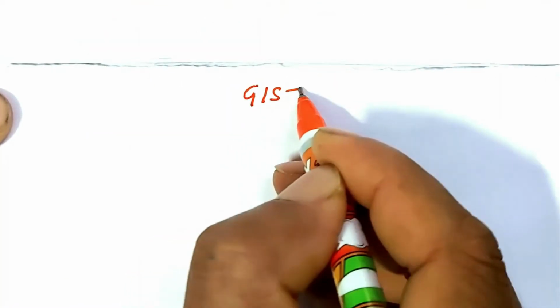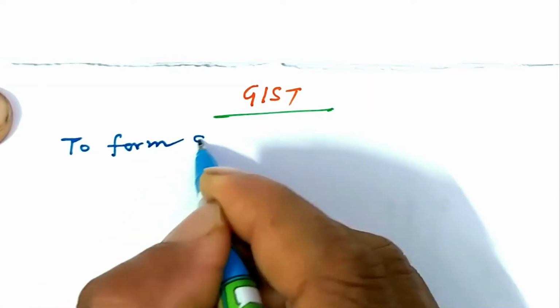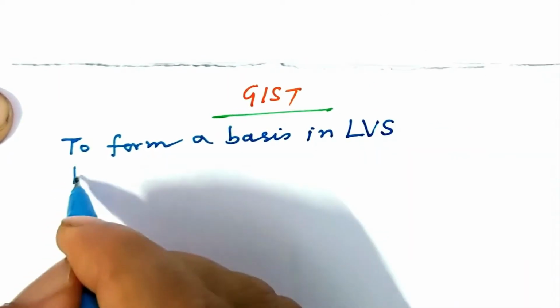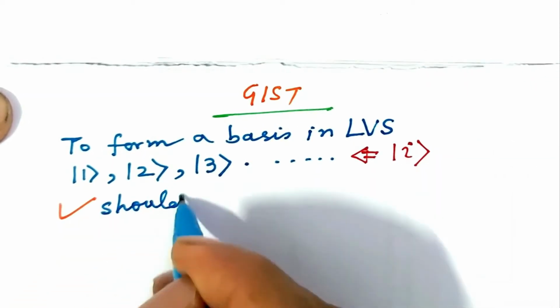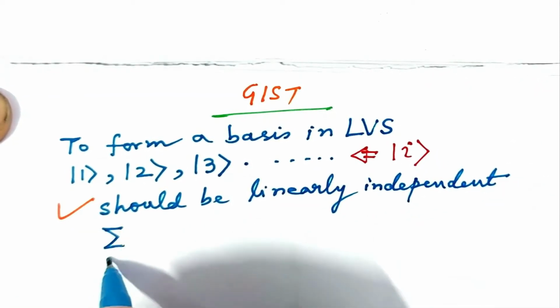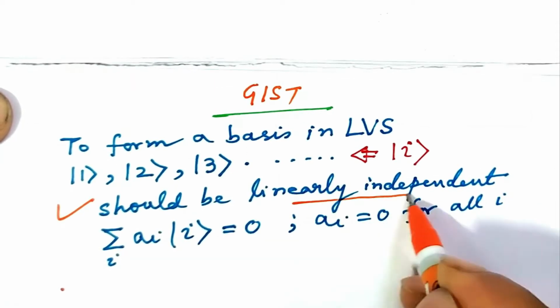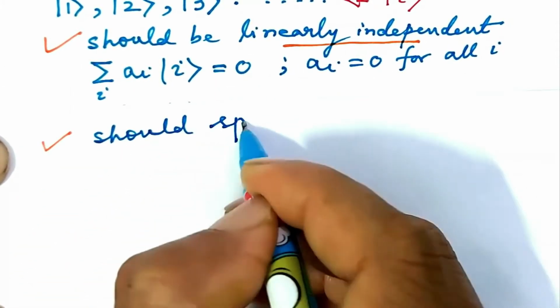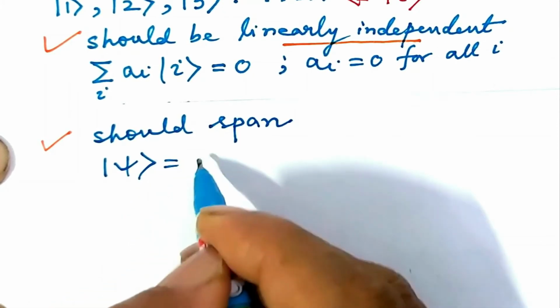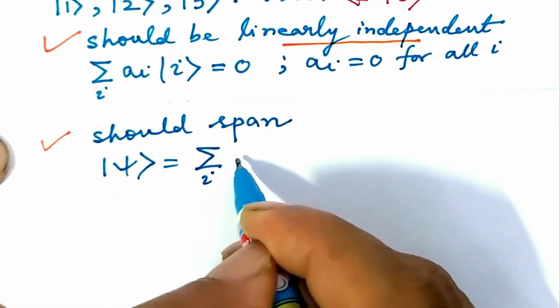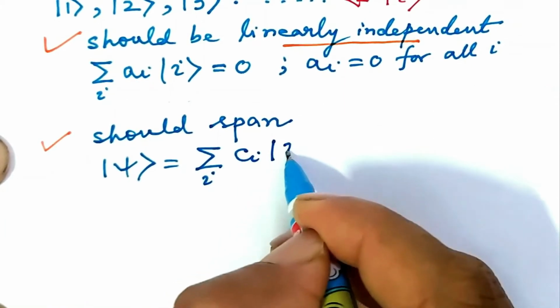We make a gist. To form a basis in linear vector space, ket1, ket2, ket3 etc., that is ket i, should be linearly independent, satisfying a1 ket1 plus a2 ket2 plus etc. equal to 0 only for all ai equal to 0, and should span, that is, any arbitrary ket psi in the linear vector space should be expandable as a linear combination of these ket i's.